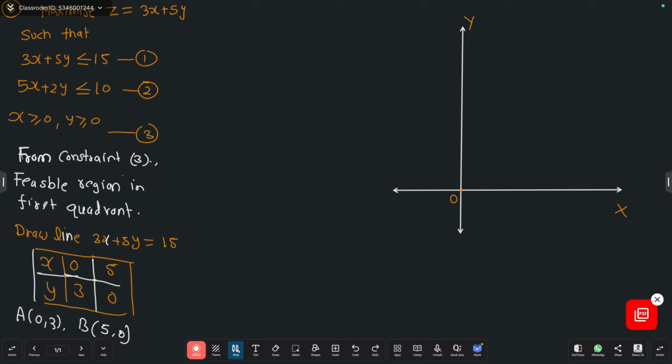Plot these points 0, 3 and 5, 0. 1, 2, 3, 4, 5.